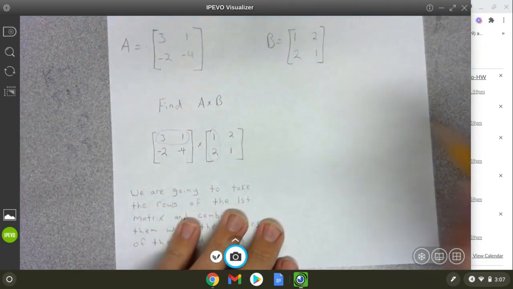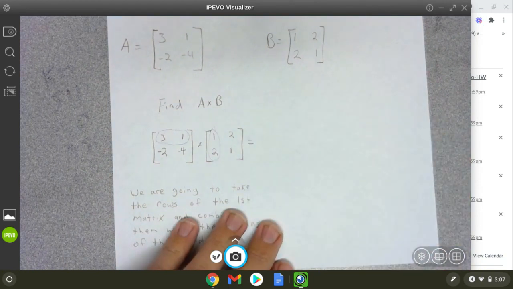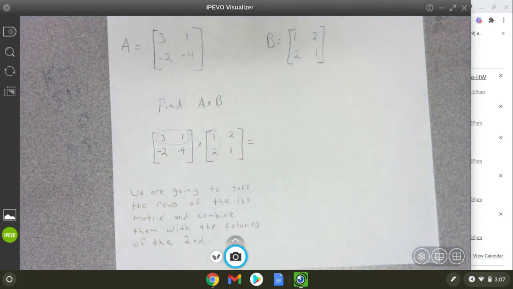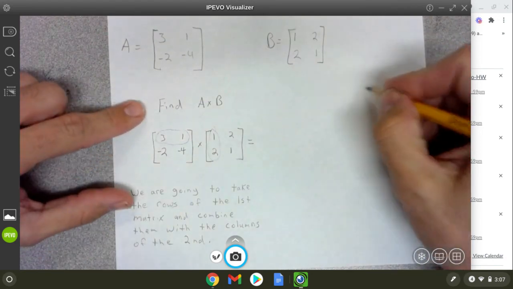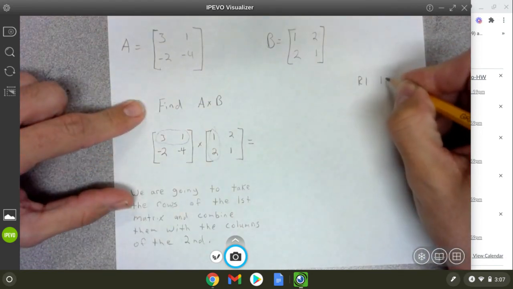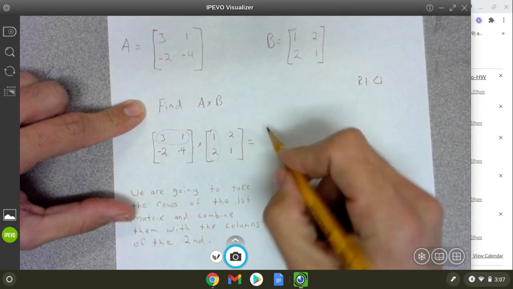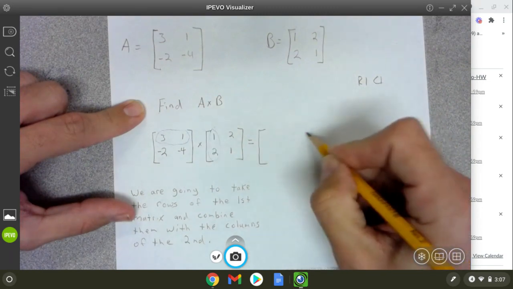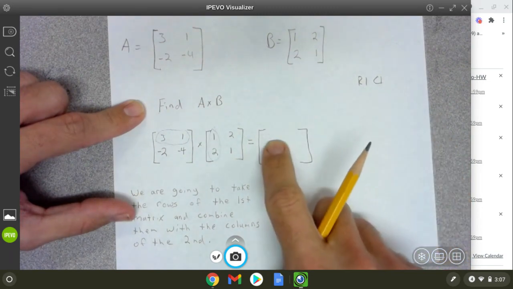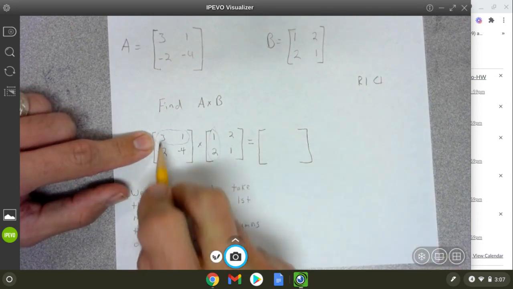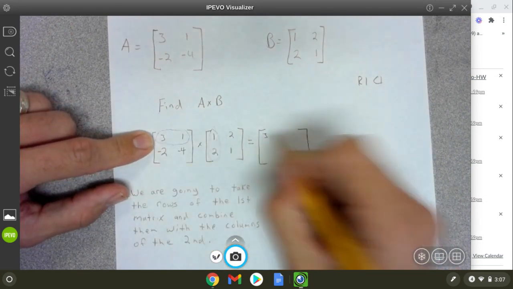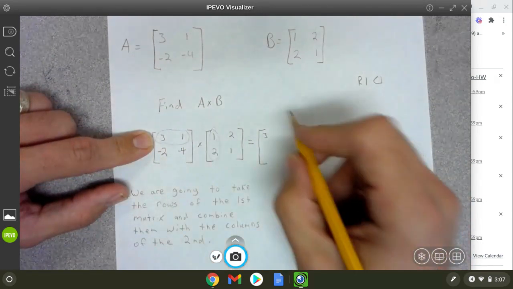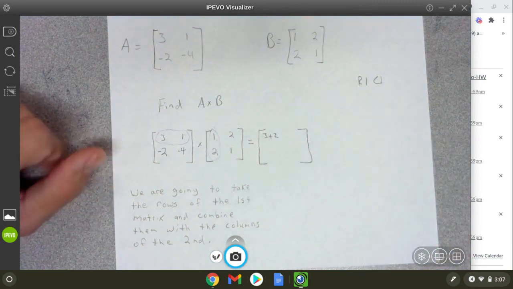We multiply the corresponding pieces and add them together. Since this is the first row and first column, it's our first row, first column entry in the answer matrix. So I'm going to do 3 times 1, that's 3, plus 1 times 2, that's 2, and I add them up.